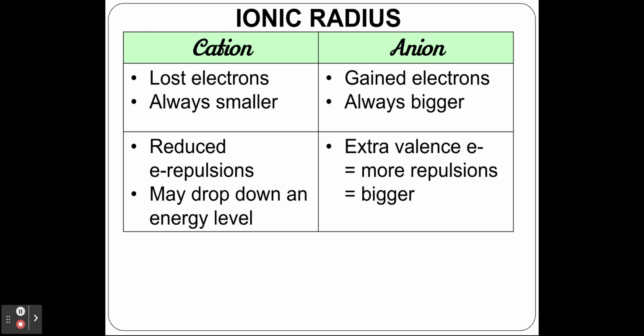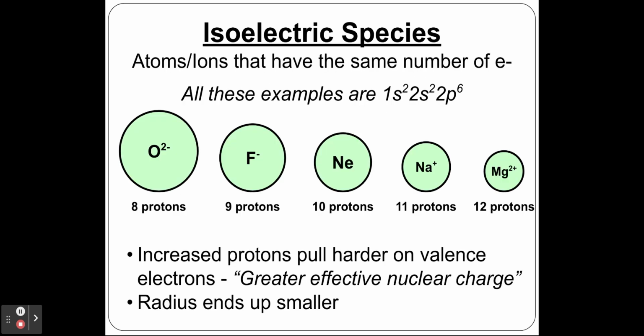When you take electrons away, there are fewer electrons repelling each other, and you may drop down an energy level as well. So the atom is getting smaller. Anions are gaining electrons, so the anion is always going to be bigger than the neutral atom. When you add extra electrons, you get more repulsion, so they're repelling each other more, and thus it makes the atom bigger than the neutral atom.